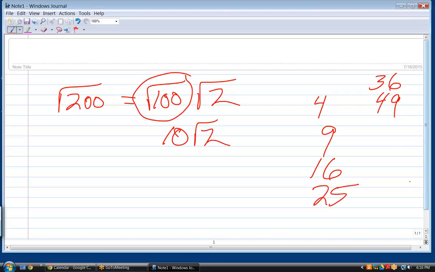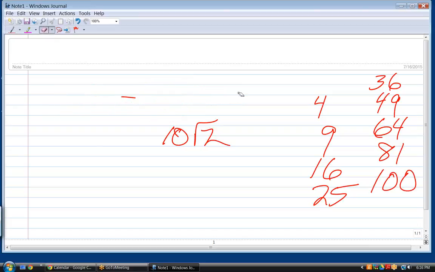Now, I didn't put 100 on the list over here. I didn't put a lot of things. This was 7 squared, that's 8 squared, that's 9 squared, there's the 100, there's 10 squared. But the fact of the matter is that when they give you problems to reduce, they're almost never divisible by these numbers over here. They're always divisible by 4, 9, 16, or sometimes 25.